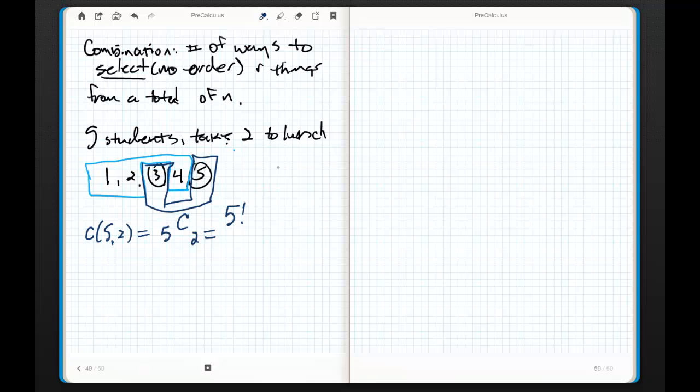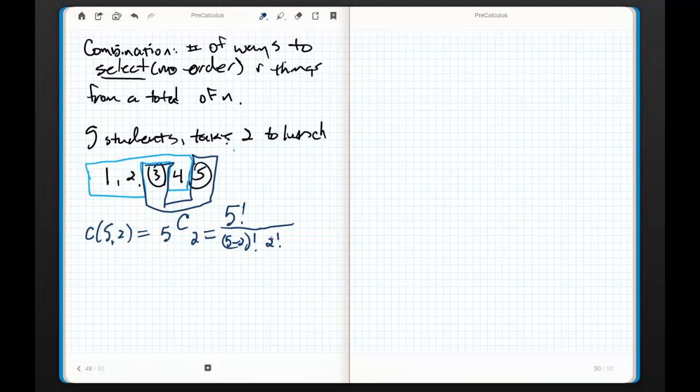If I want to take 5 students and put them against the wall, and I should probably not pound on my desk, put them against the wall and shoot them, would never do that, but let's say that I did, then there are 5 factorial ways to do that. Now, just like I did with permutations, I'm going to go 5 minus 2 factorial. That divides out any order in the students that didn't get to go. And then I'm going to do 2 factorial. Why 2 factorial?